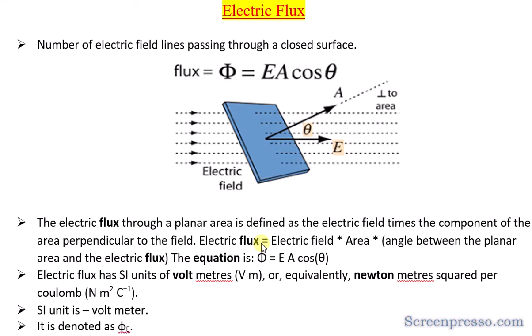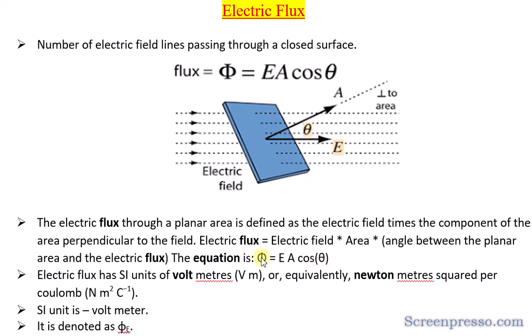Electric flux equals the electric field magnitude multiplied by the area, which is perpendicular to this field, and the cosine of the angle between A and E. Hence, phi is equal to E A cos theta, where E is the electric field, A is the area, and theta is the angle between the planar area and the electric field.